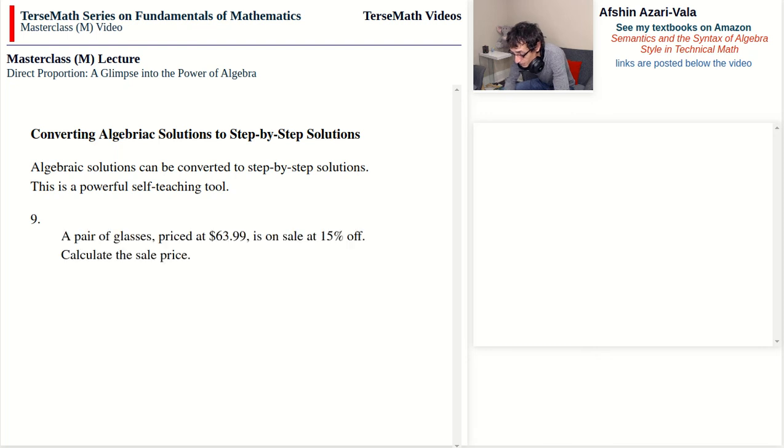Problem number 9 says a pair of glasses priced at $63.99 is on sale at 15% off. Calculate the sale price. So if I use the following logic to solve the problem, where we start with the price and we find 85% of the price, then I write my equation like this. If I want to now extract the steps in a step-by-step solution, for one thing, I notice that there will be 2 steps.